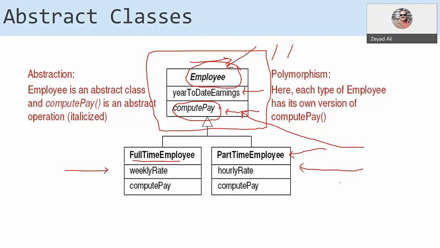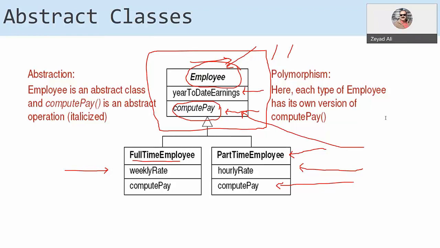In order to be able to create an employee, you must implement all the abstract methods in the superclass. Some of the methods in the superclass can be abstract, some of them can be normal. You can reuse the normal. However, if the methods are abstract, then you must implement them in the subclass. This is not a choice.